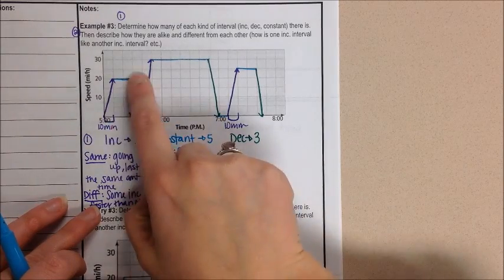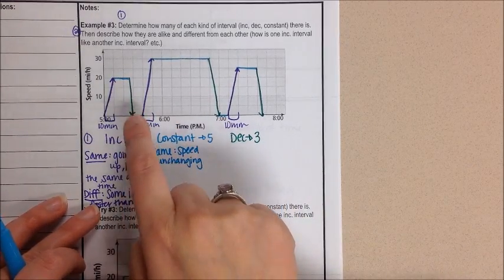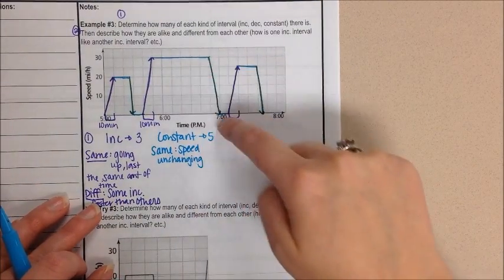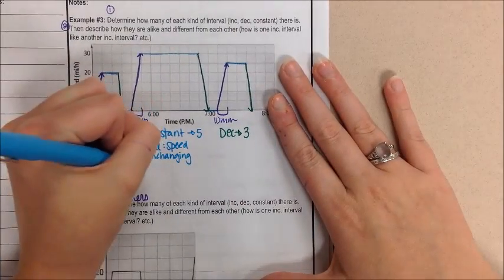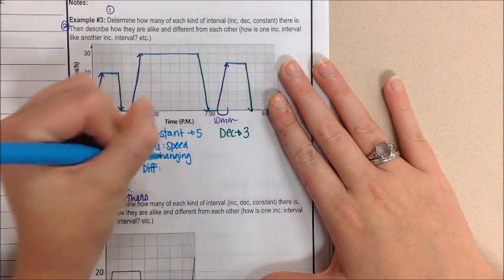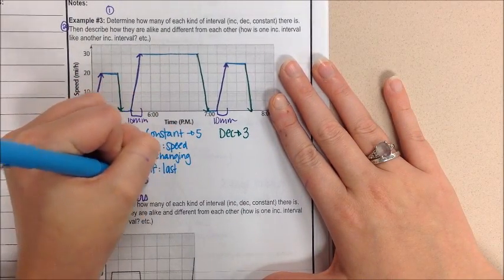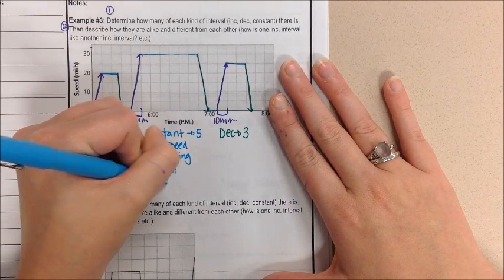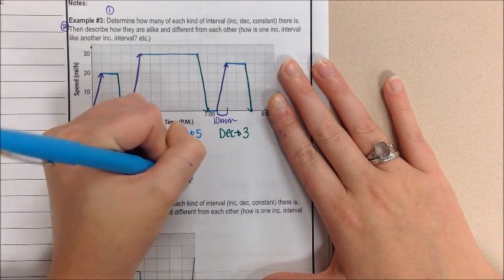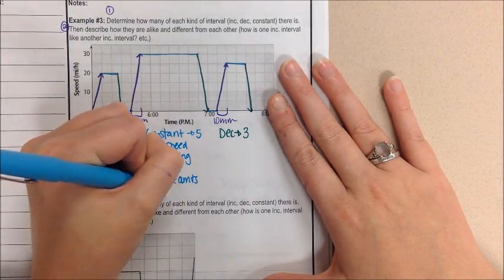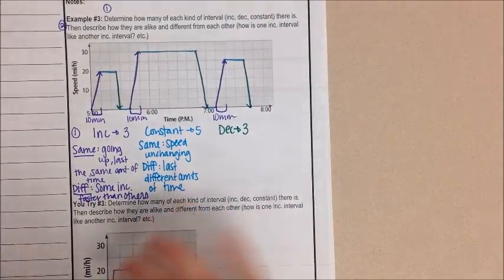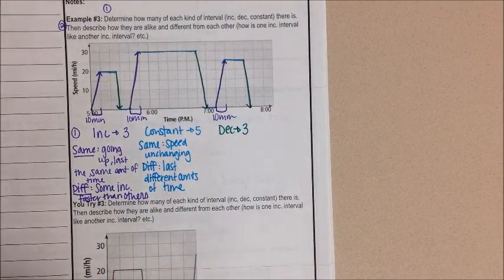This one is longer than this one, but this one's shorter than this one, and this one's shorter than that one, and so on and so forth. So what I would say is different is they last different amounts of time.